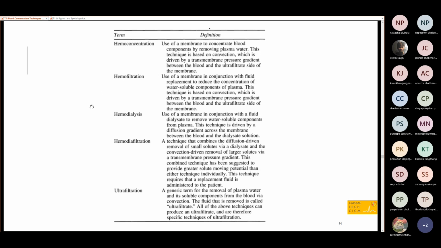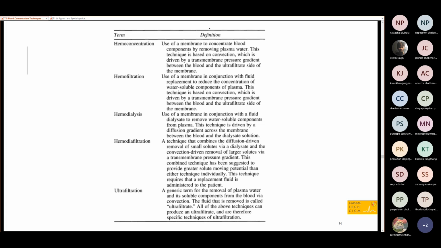I mean it's quite confusing, but some of them are just only convection or not, like only filtered or not, something like that. It's just under a diffusion or a convection or not. You're gonna see in the detail.